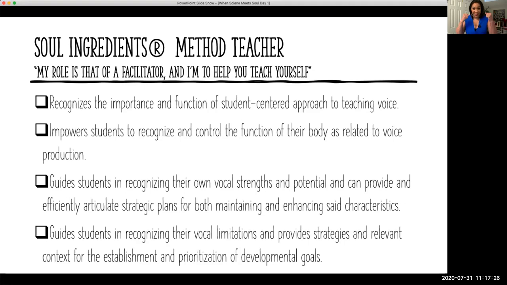So if you as the teacher are like, yes, okay, science says this voice type is healthy, this voice type is not healthy, this is sustainable, doing this is not sustainable, then you start to narrow the individual person. And you start to impose certain biases.